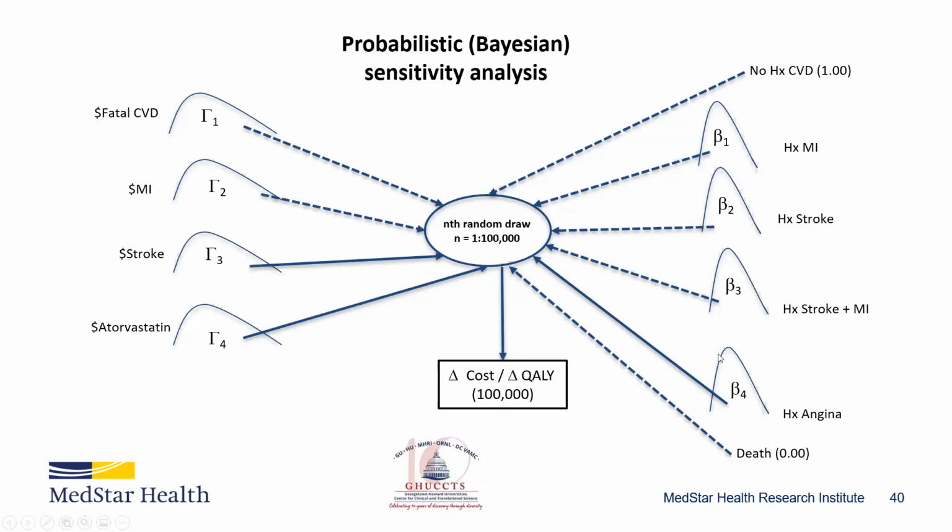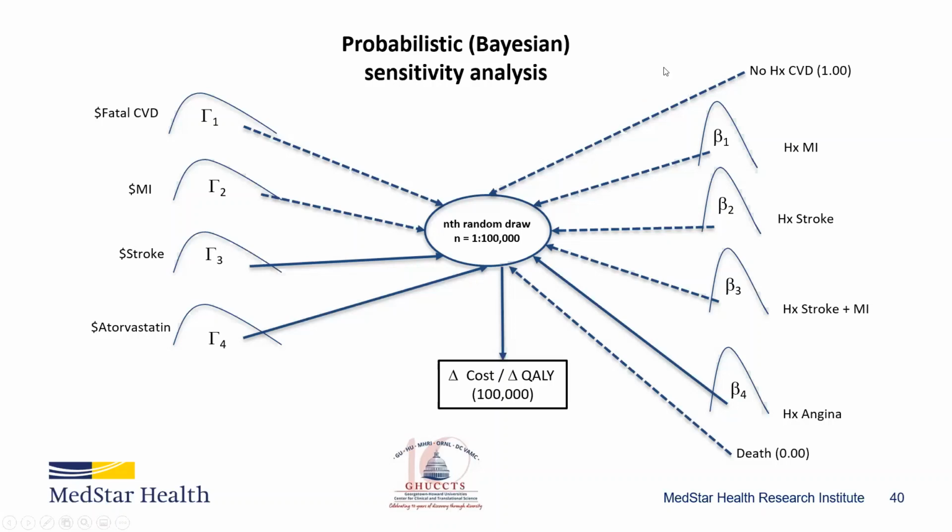For example, here we might draw that a person has a stroke during the study, so we would draw from this cost distribution. We would draw a utility from this distribution if they had a history of angina. And then if they were on atorvastatin, we would draw from this distribution. So you can see we're drawing from multiple distributions at the same time.